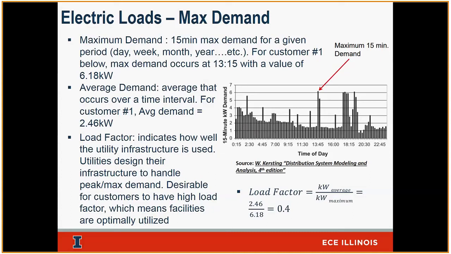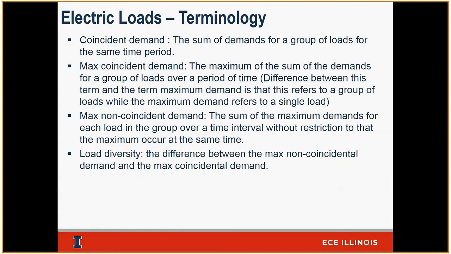So I'm not always using all the potential kW that I could use from that facility. I'm not using it to the max, meaning I'm only using 40% of its capacity on average. The higher the load factor is, the more I'm using my infrastructure to the maximum allowable limit. We'll talk about that when I talk about a transformer in a bit.